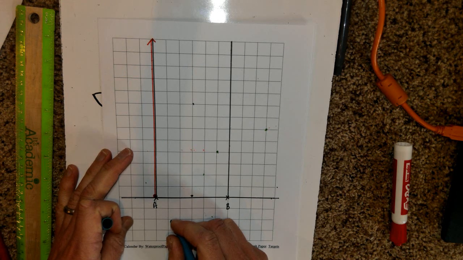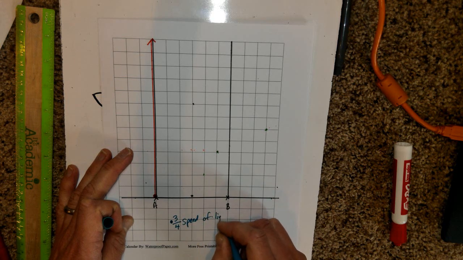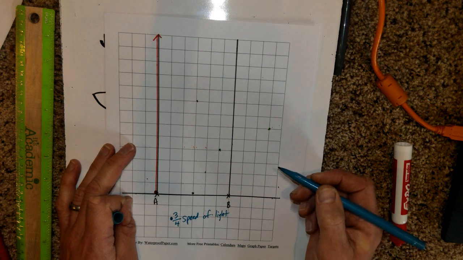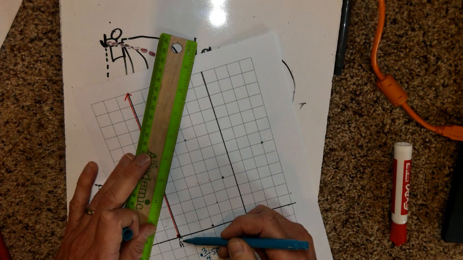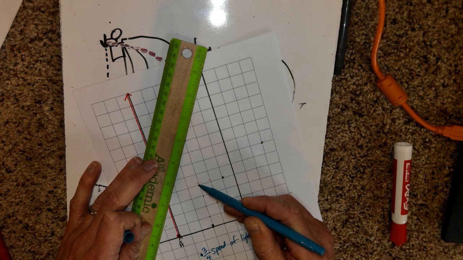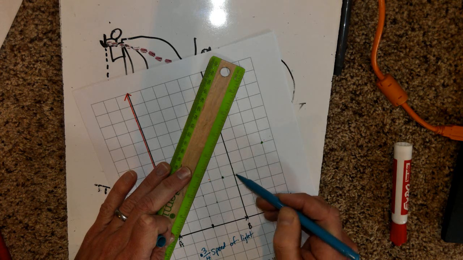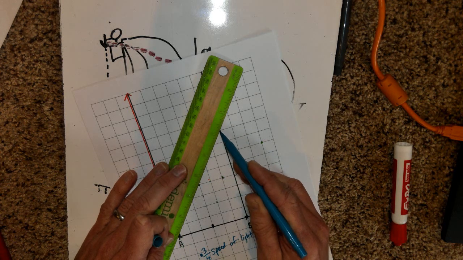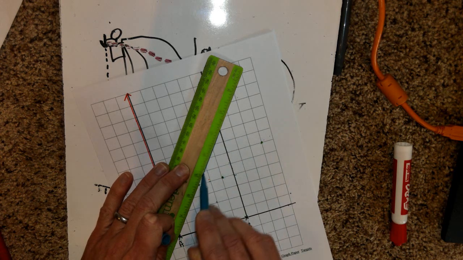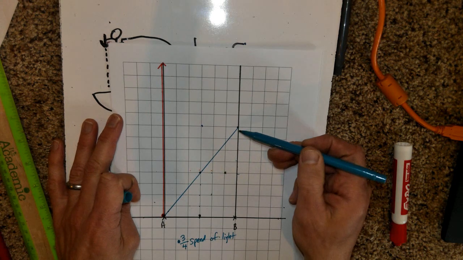So blue twin is going to travel at 3/4 the speed of light toward planet B. So what this means is I'm going to go 3 over 4. 1, 2, 3, 4. And there is my path of this twin traveling to this planet.